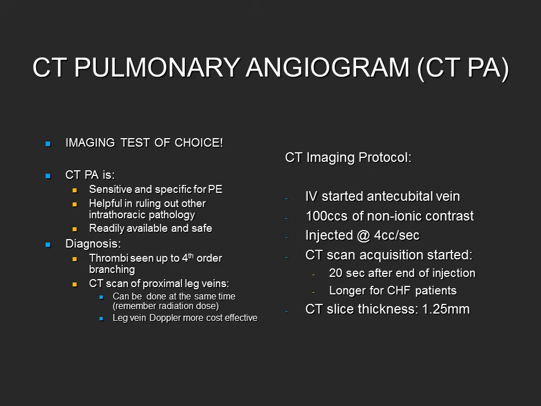Pulmonary thrombi can be detected up to at least 4th order branching of the arterial tree. It should be noted that tiny emboli in peripheral pulmonary arterioles can be missed. However, the clinical relevance of this is still under investigation. Along with CT pulmonary angiogram, CT scanning of the proximal leg veins is also often conducted at the same time.